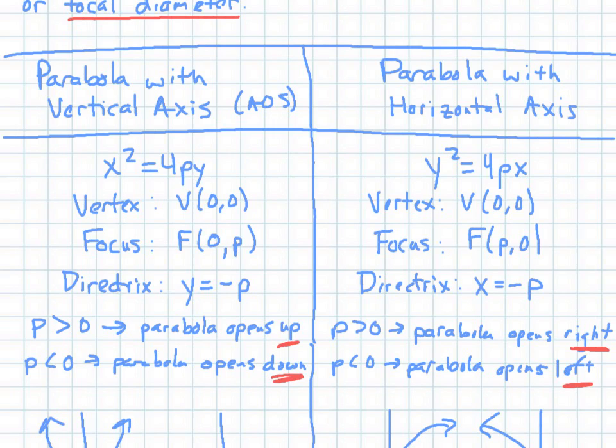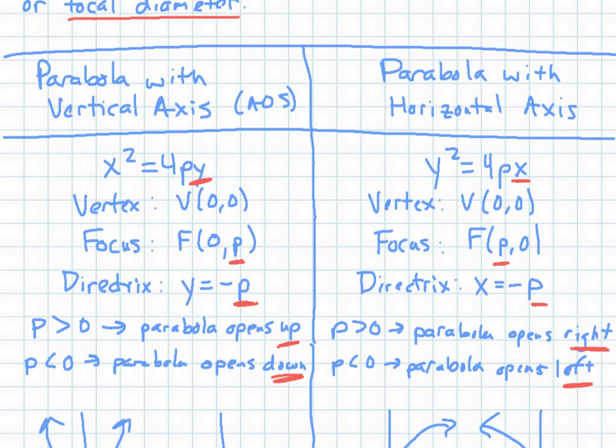p. Now notice, if the y is just to the first power, then your focus and directrix values, that p value, which is a very important value, is going to be in the y position. If it's the x to the first power, then your p's will be in the x position.